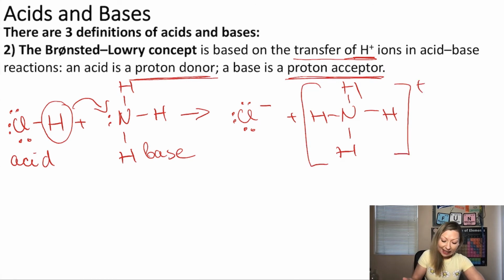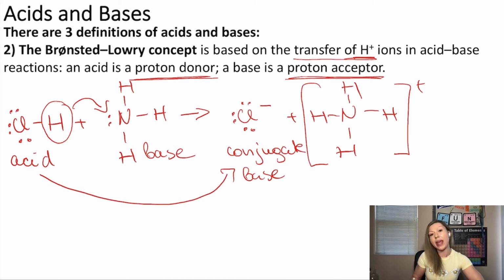Now, an acid in this case is going to produce a so-called conjugate base. So this is a conjugate acid-base pair, and they literally differ only by an H plus ion. So the acid contains the H plus ion, the base does not contain it.